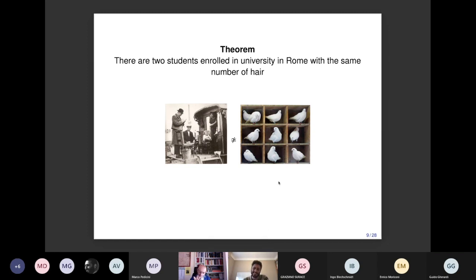On one side, we are proving that there exists, but we do not show who these two students are. While in the first one, at the end of this mass control operation, we have exactly the two students. So we can have an idea of what it means to have two proofs which are not the same.